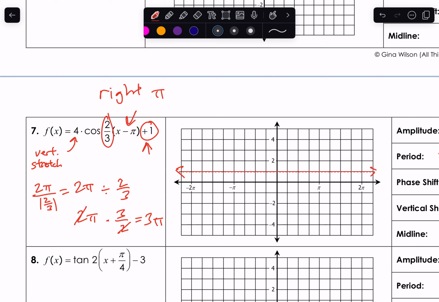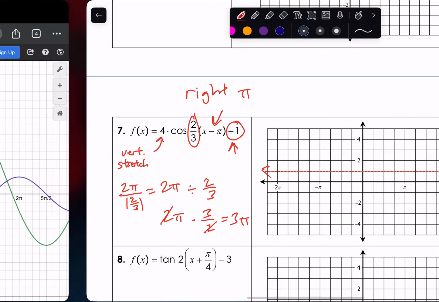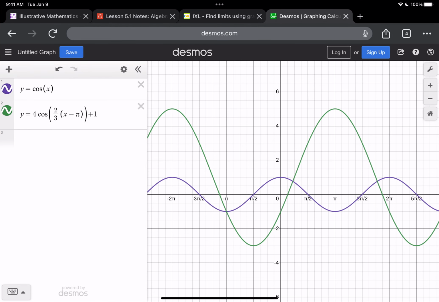I'm going to then show you my phase shift and my 2/3. So my 2/3 now makes my period 3 pi, right? So we need to figure out what other points on the graph we can mark.